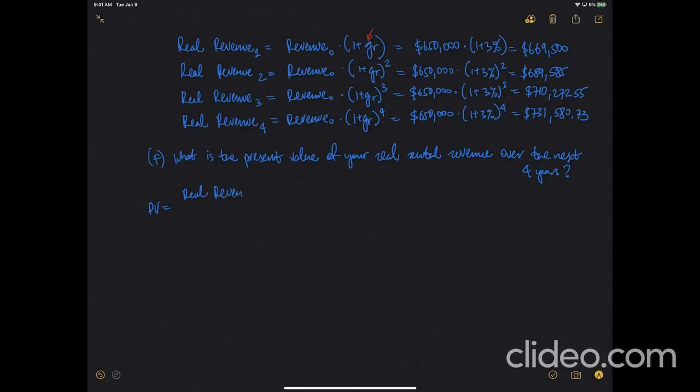So real revenue in year 1 divided by 1 plus real discount rate, then real revenue in year 2 discounted to present again at the real discount rate. Here, of course, we have to raise this to the power 2 because this revenue occurs in year 2. So this is the appropriate way to find the present value of that exact real revenue that we get in year 2.